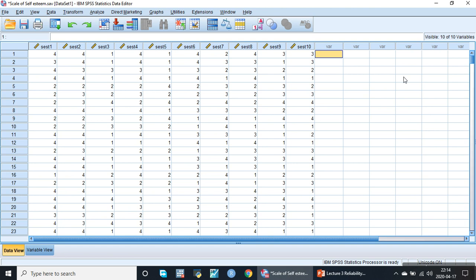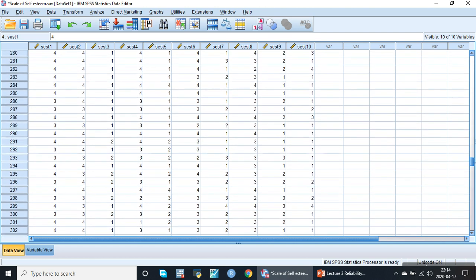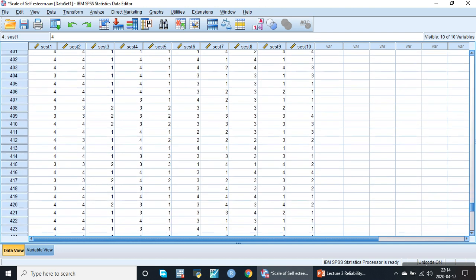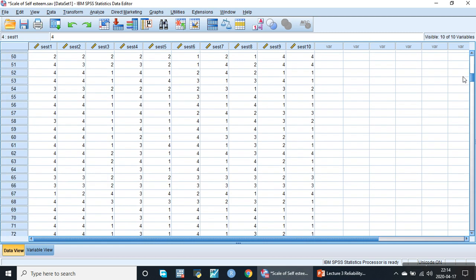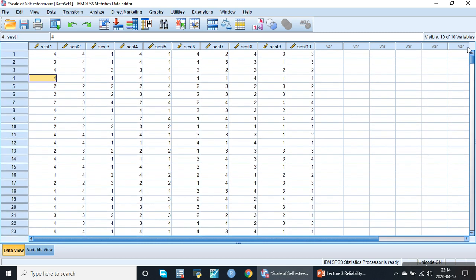So 4 is the highest self-esteem value and 1 is the lowest. Here 4 means highest self-esteem, 3, 4, 4. These indicate the values for self-esteem. There are 436 observations in this data sheet. It means that we have collected data from 436 individuals and there is no missing value in this scale.